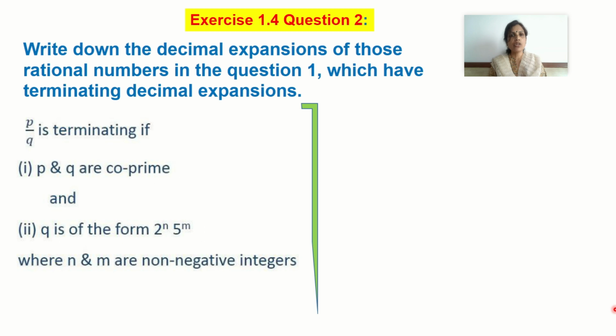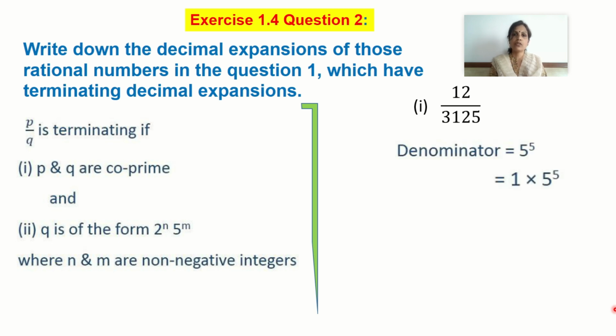Now here in the question, what do we have to write? We have to actually write down the terminating decimal expansion. So quickly let's have a look. This was question number 1 and the first sum from that, wherein it is in the form of p by q, and then we concluded that the denominator is in the form of 5 raised to 5, which you can write as 1 into 5 raised to 5.